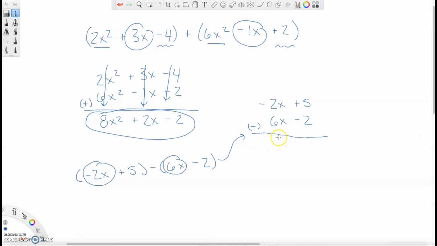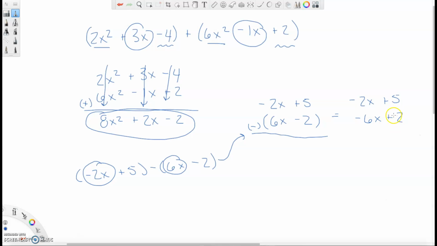All right, now what we could do here is we can go ahead and distribute this negative. So we can rewrite this as negative 2x plus 5, negative 6x. I distribute the negative into the 6x, so negative times a positive is a negative. So it's going to be negative 6x plus 2.